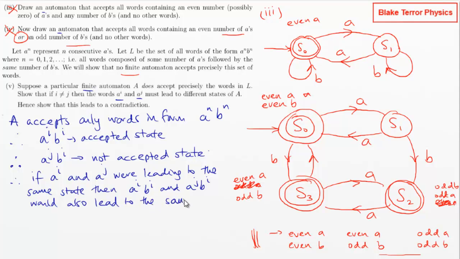Okay, so that's shown that they're different. Therefore, A^I and A^J lead to different states.